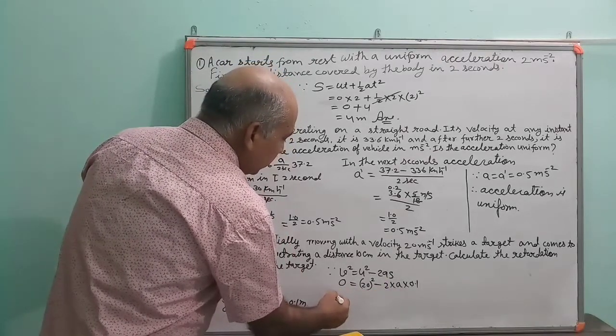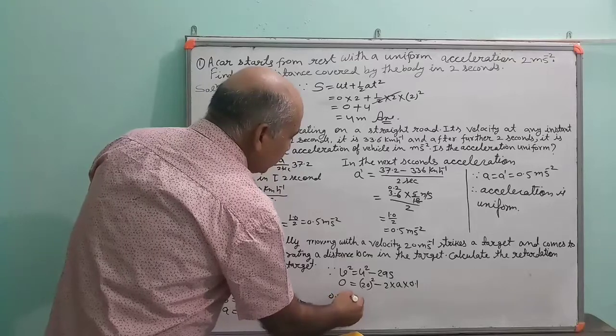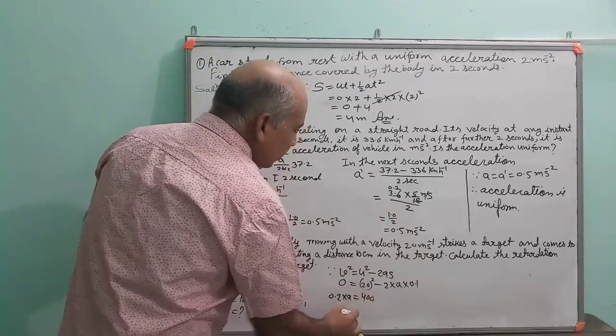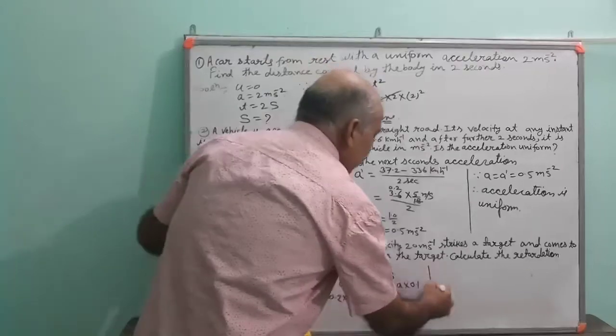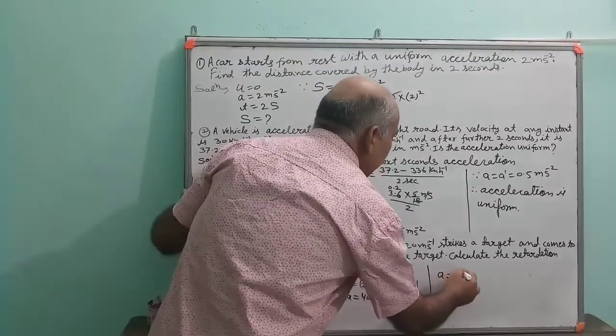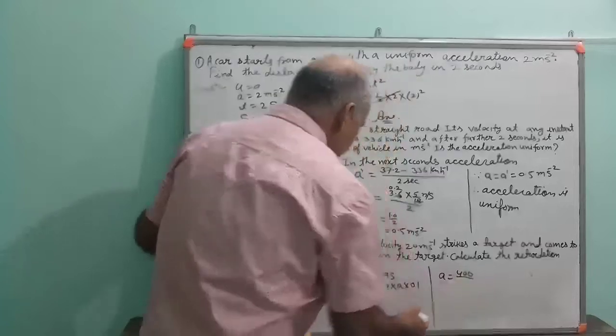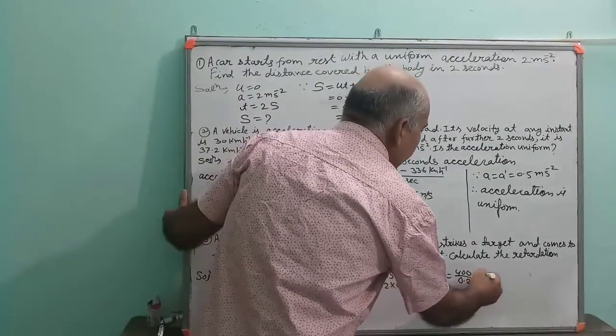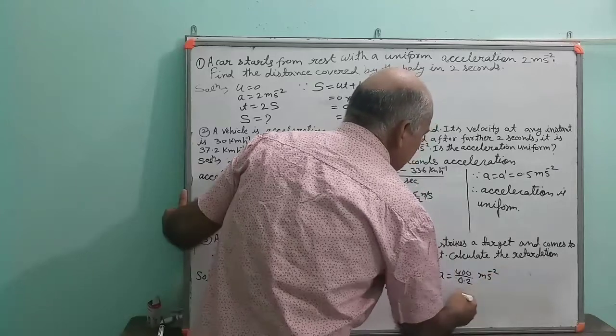It will become 0.2 into A is equal to 20 square is 400. So what will be the value of acceleration? 400 upon 0.2 meter per second square.